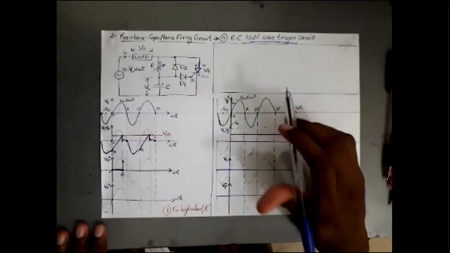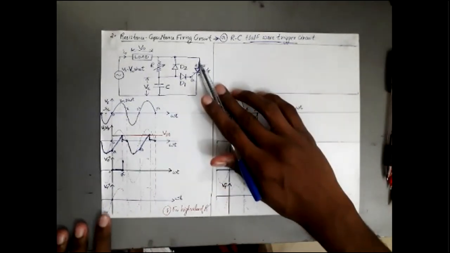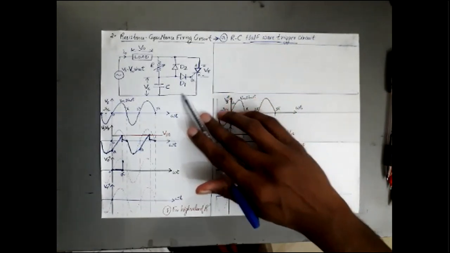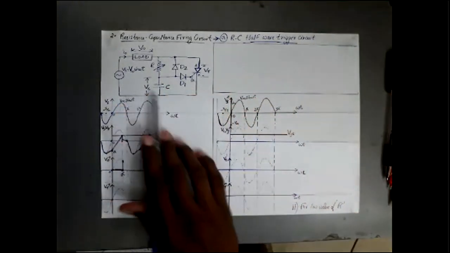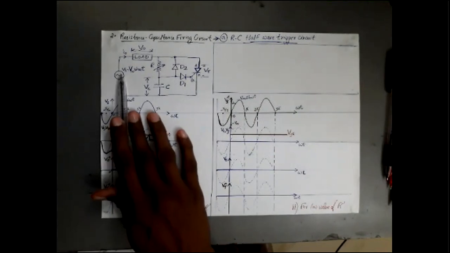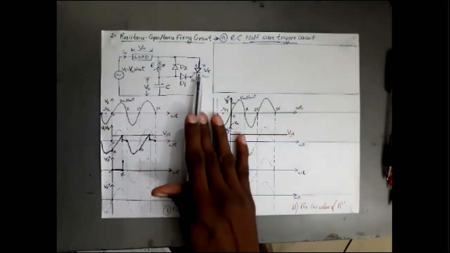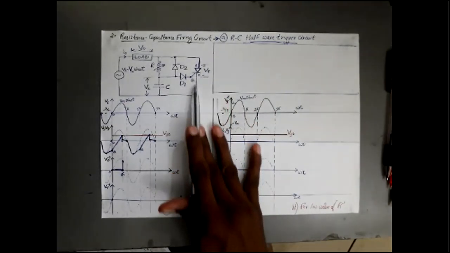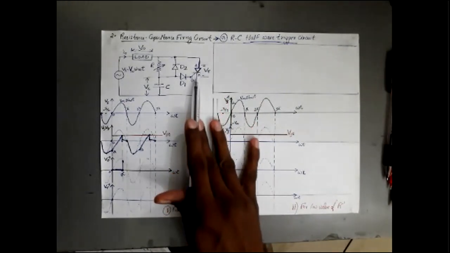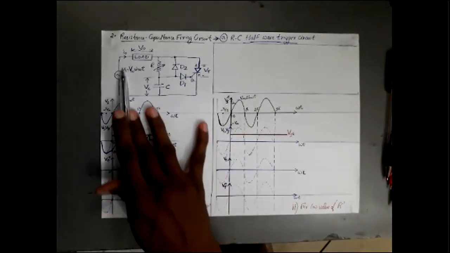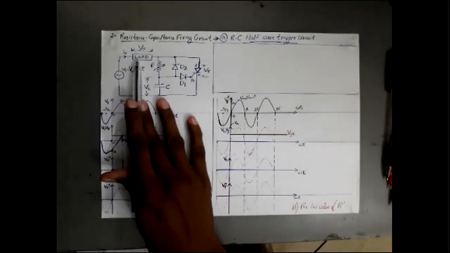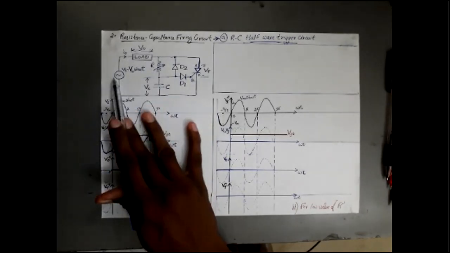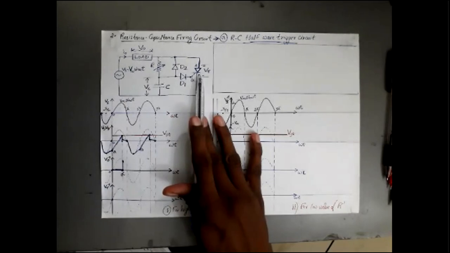When my SCR is turned on, the circuit has only Vs, load and thyristor, and this thyristor acts as a closed switch, like a short circuited condition. So whatever Vs is applied here will come across my load as V0. So V0 will be equal to Vs during the conduction of my SCR.